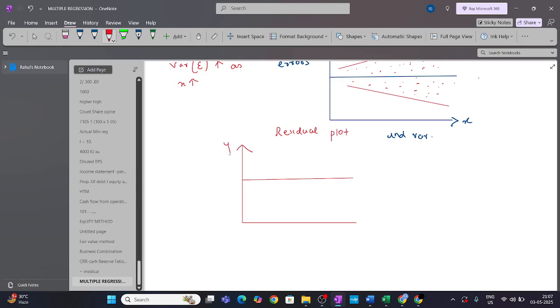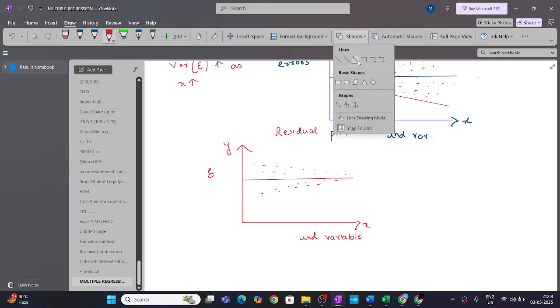On the y-axis I have errors, on the x I have the independent variable, and now my error term looks something like this.